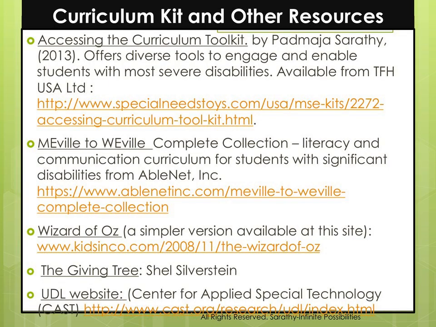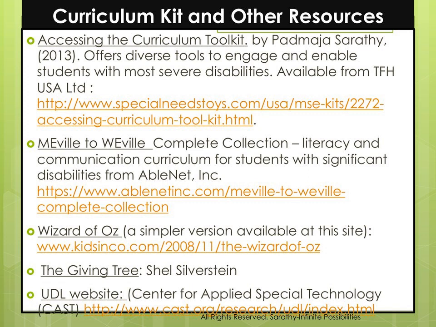And there are some other resources that are mentioned here. One of the things that I do want to mention is AbleNet's product called the MeWo to Vivo. It's a complete collection, a literacy and communication curriculum for students with significant needs, and it's a very helpful resource.